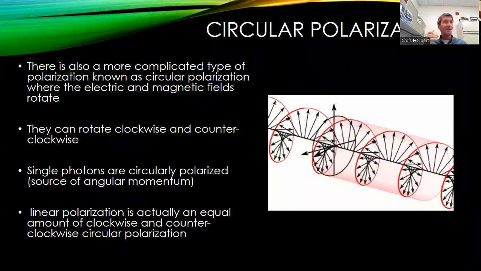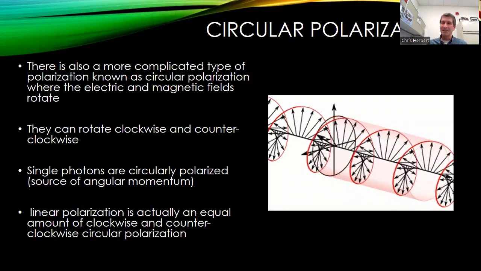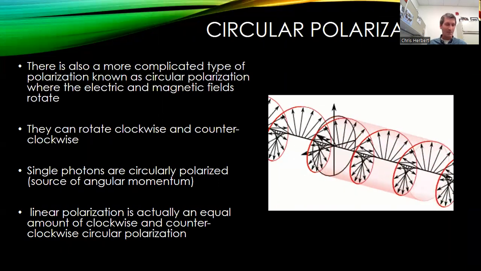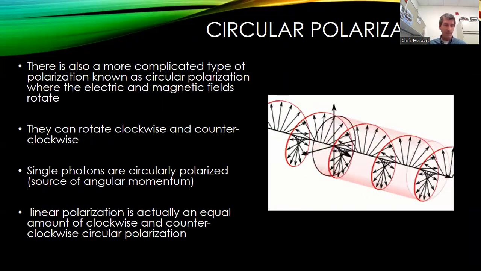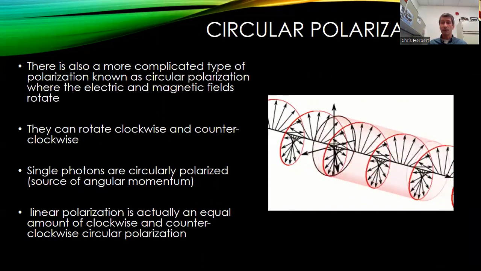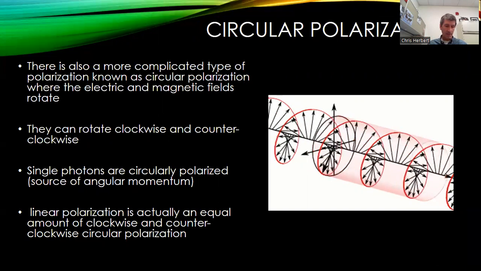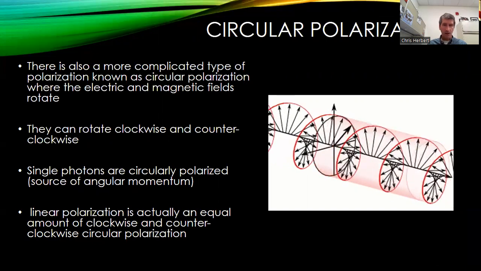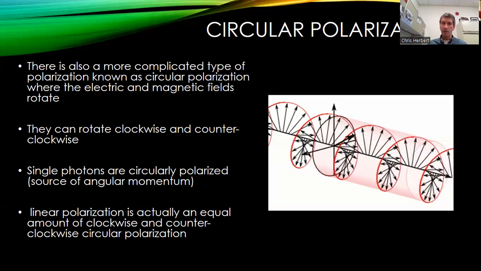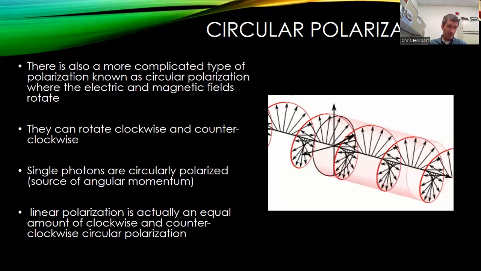So I said that linear polarization was one type of polarization. Typically, in an introductory course, we don't talk about circular polarized light, but it should be noted that a single photon of light is circularly polarized, meaning that the electric field actually rotates with respect to time, like we see in this diagram right here. Well, if photons are circularly polarized, how are we getting linear polarization?